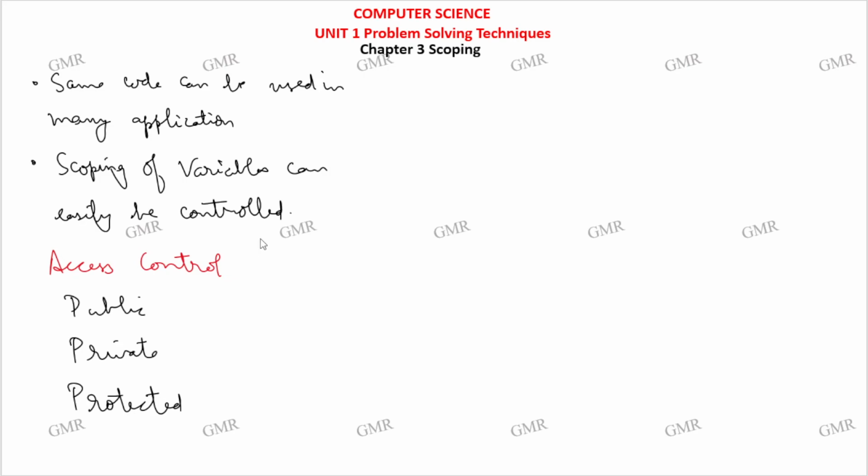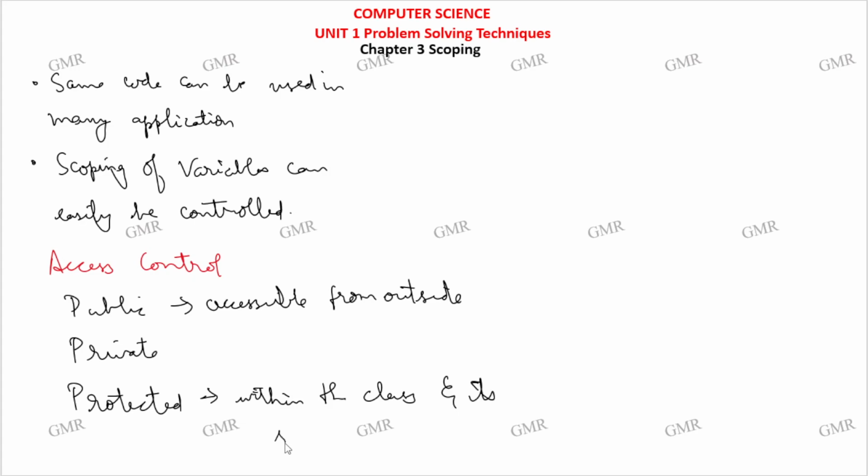Public is accessible from outside the class. Protected members of a class are accessible from within the class and its subclass.